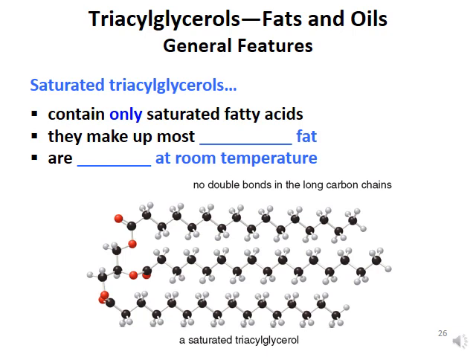And of course, we have saturated and unsaturated. Saturated triacylglycerols contain only saturated fatty acids. That's what animal fats are made up of. These are solids at room temperature, right? Think about it. Steak fat.